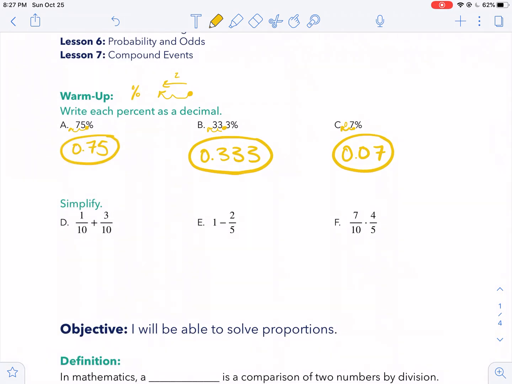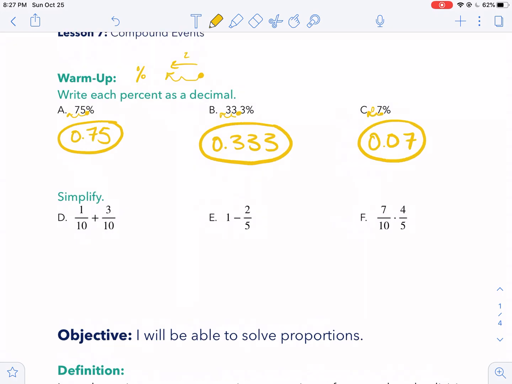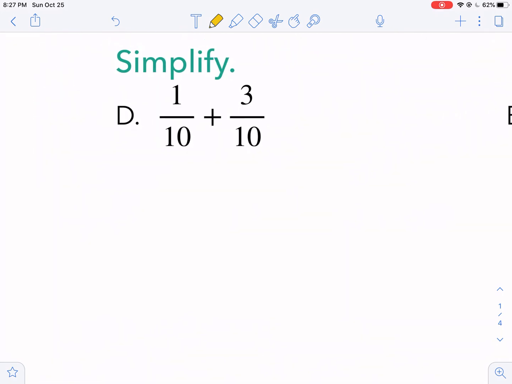Awesome. Okay. Now let's work on simplifying fractions. To add these two fractions together, we're already in good shape because they have a common denominator. So when you have a common denominator, you keep that common denominator, put that in the bottom, and then you can put whatever's on top right on top. So that's 1 plus 3 over 10, and 1 plus 3 over 10 is 4 over 10.